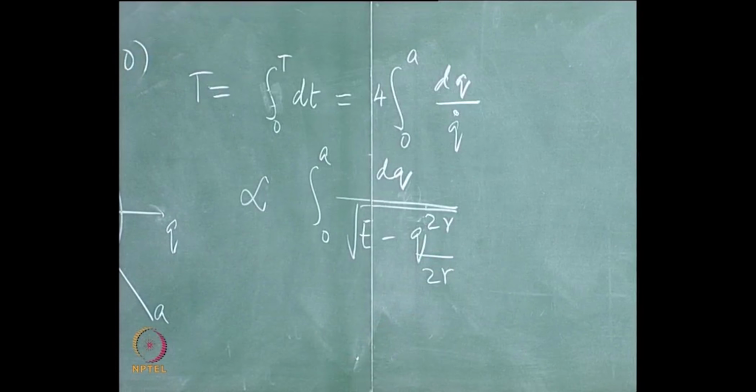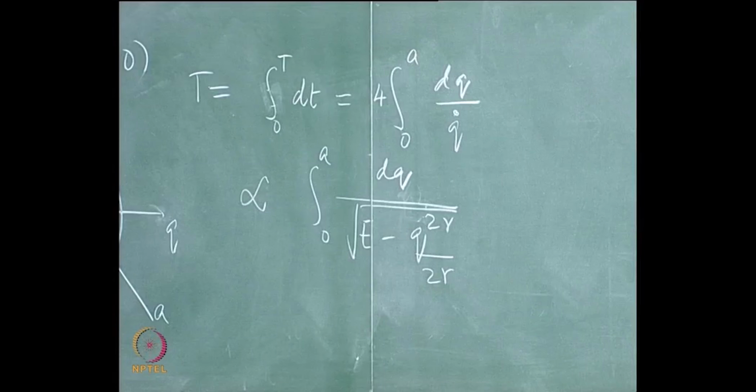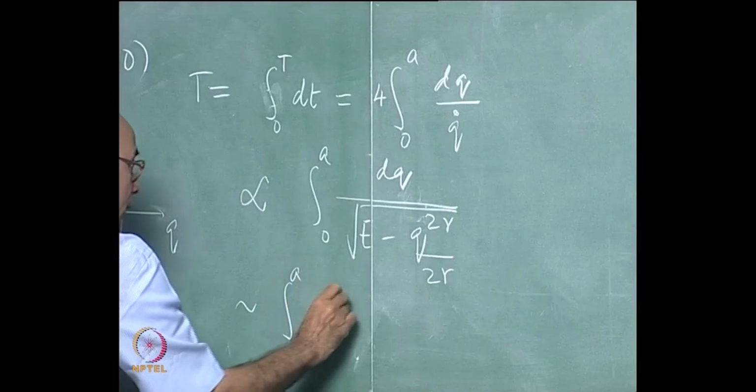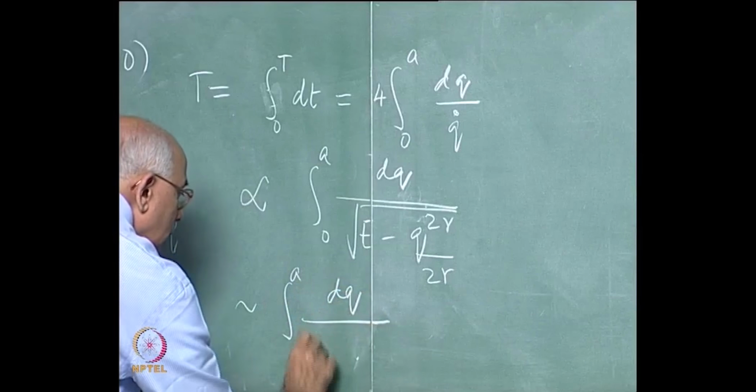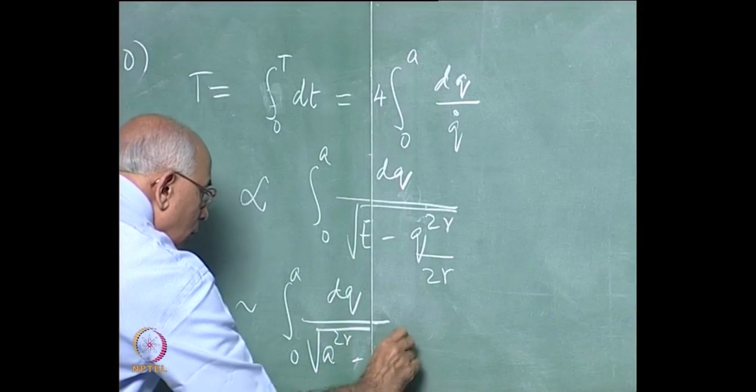But what is E for a given amplitude A? A to the 2r over 2r. So it is evident that this whole thing, keeping all factors of A present apart from some numerical constants, goes like the integral from 0 to A of dq over the square root of A to the 2r minus q to the 2r.